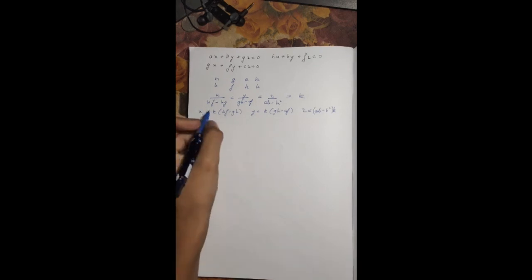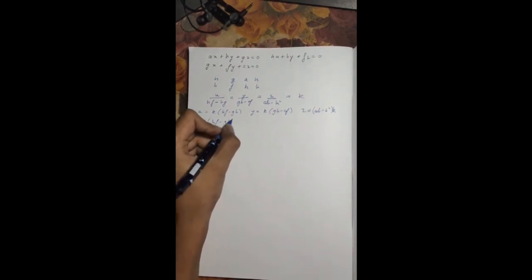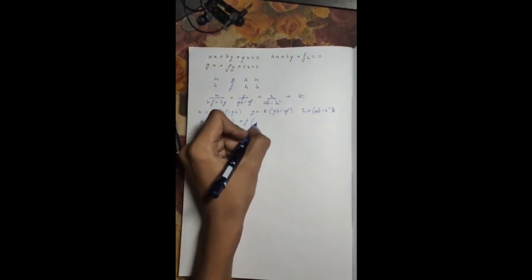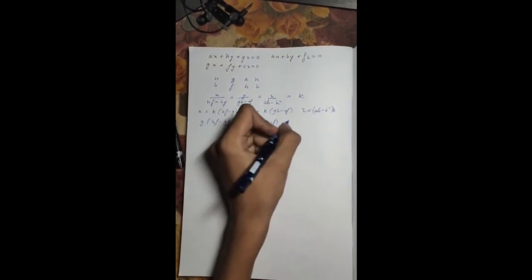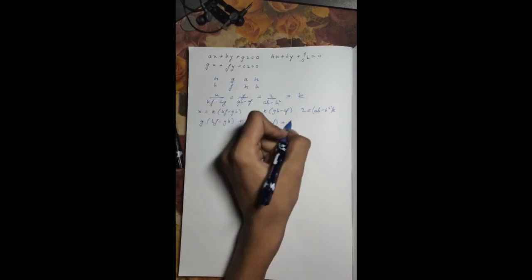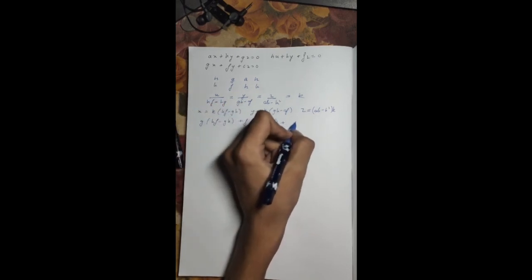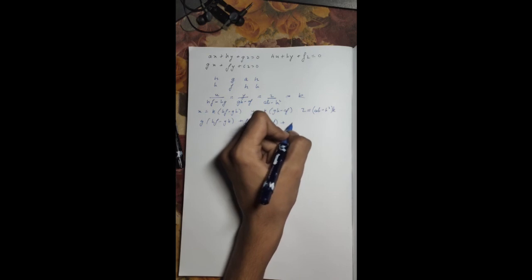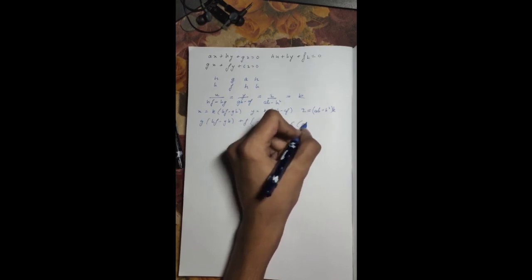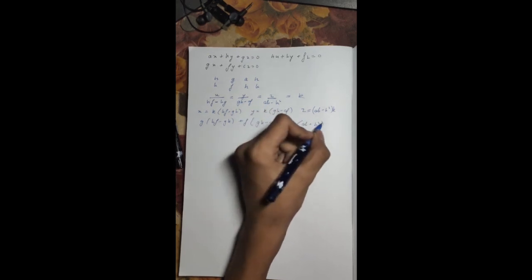So I'll directly write g into bf minus gh plus f into gh minus af plus what's the third value of z? That is ab minus h square. c into ab minus h square is equal to 0.